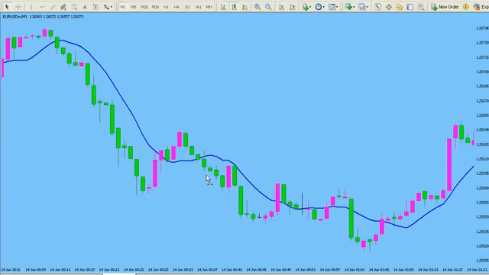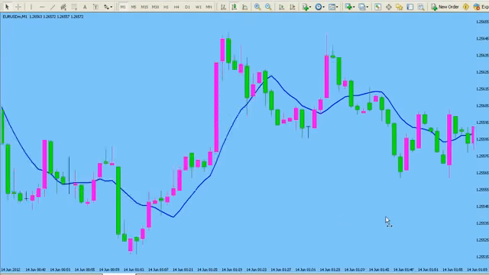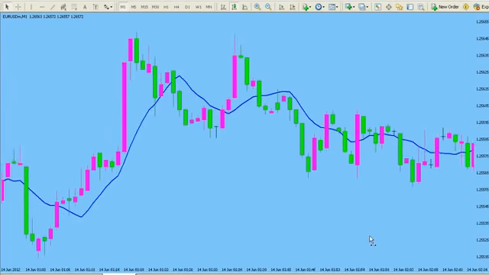But once you get a pretty good run out of that, you don't get quite as much of a run, and then you get into a period of a little bit choppy before you can get back in harmony with that overall trend. So please keep that in mind.